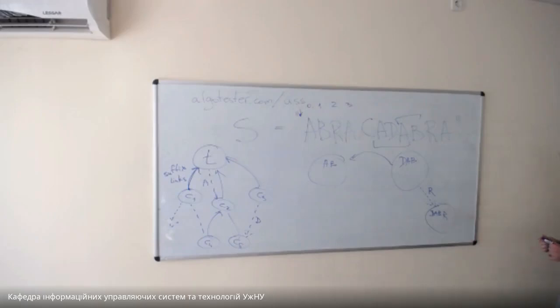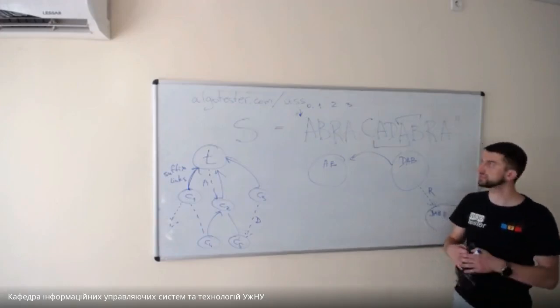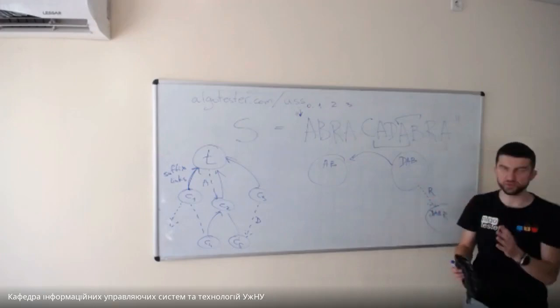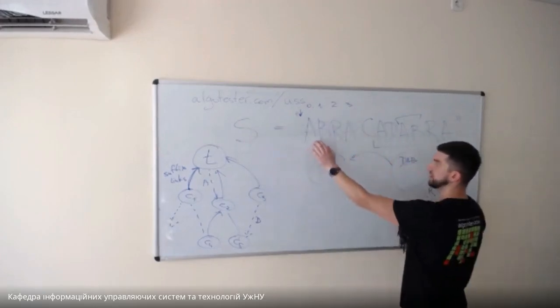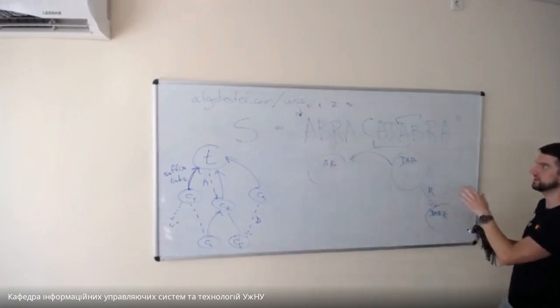construct the suffix automaton. Okay, so let's build the suffix automaton in an online manner, which means that we will add letter by letter. So we will start from the empty string S, and then we will append A, B, R, A, C, and so on.